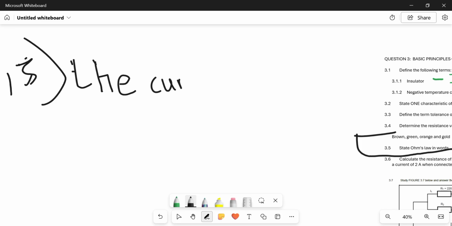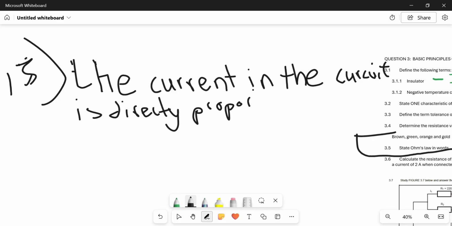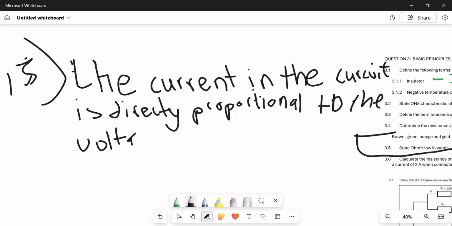Ohm's law is the current in the circuit is directly proportional to the voltage across the circuit.